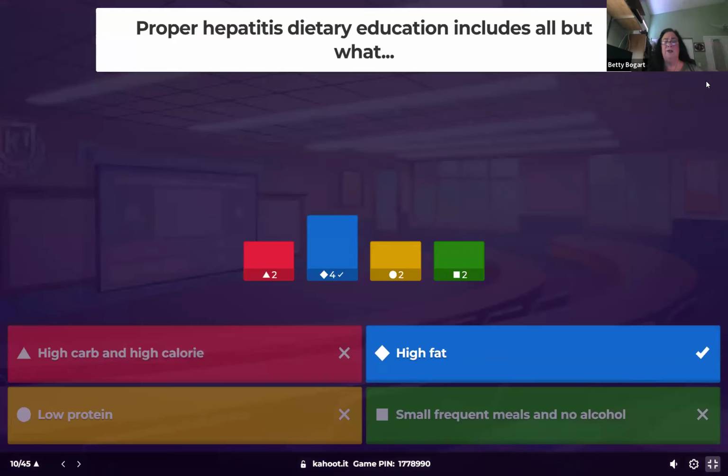So if you can't digest fat, what would you not give that child? Fat. You're going to give them high carbs, high calorie, high protein. That's the answer. Okay. Very similar to celiac disease, very similar to cystic fibrosis. Same thing, high carb, high calorie, high protein, low fat.